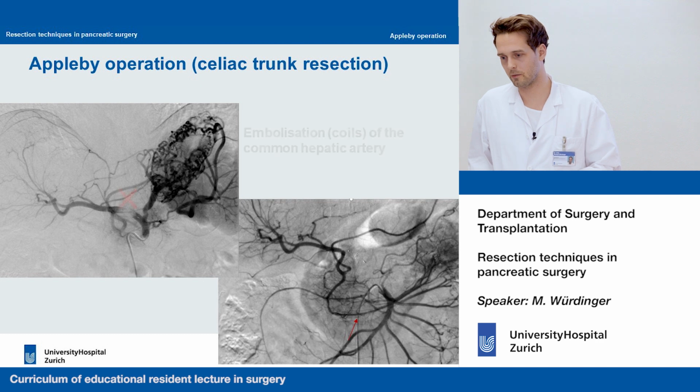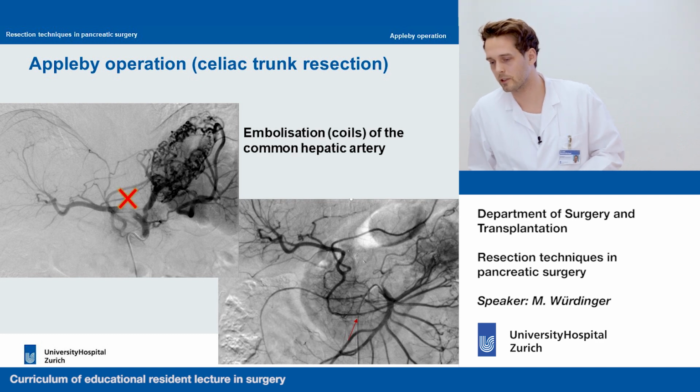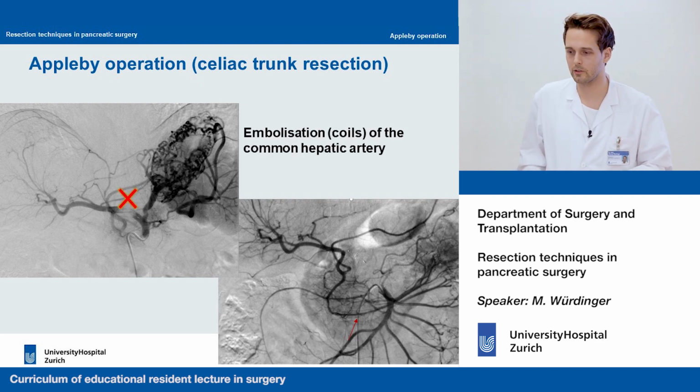It starts with an embolization of the common hepatic artery over here in the first step before the actual operation, so that the perfusion of the liver is not over the celiac trunk, but over the SMV with the collaterals in the head of the pancreas and the GDA over here.